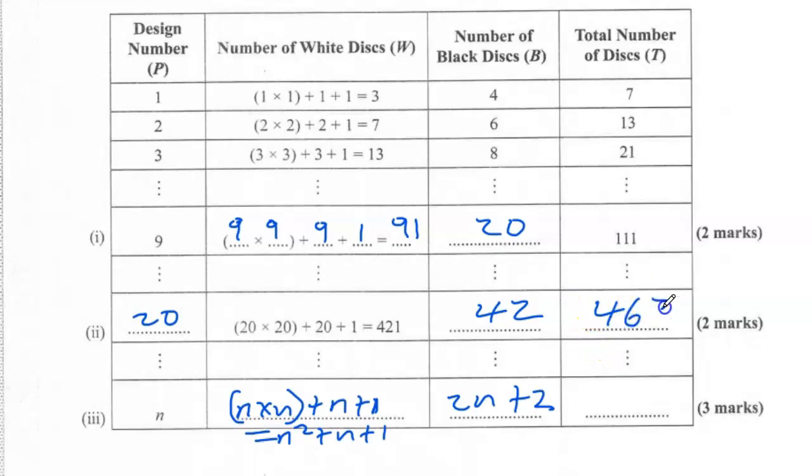And over here, n squared plus n plus 1 plus 2n plus 2 gives n squared plus 3n, since n and 2n add to 3n, and then the constants 1 and 2 give plus 3.